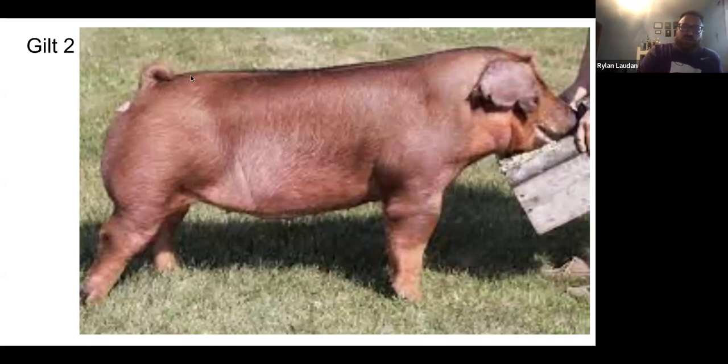Something I do want to note, we talk about their hip and everything being long and being level. This one is real short hipped. Okay. She is real short hipped, which is something we're really getting away from. We don't like the short hipped ones. They just offer less product and they don't move as good. But I think that's still a really cool one with some cool pieces.